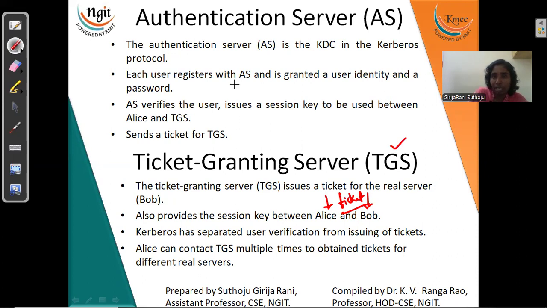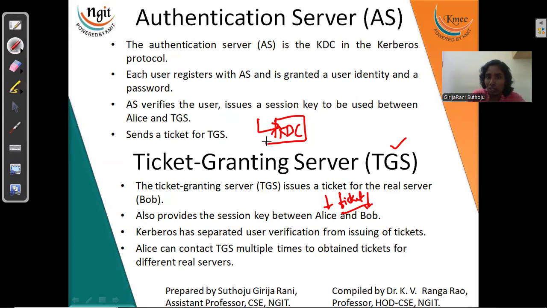Now, at last, we have the authentication server. This authentication server is itself the KDC. We call the KDC in Kerberos the authentication server. This KDC is responsible for granting a user an identity with a password.